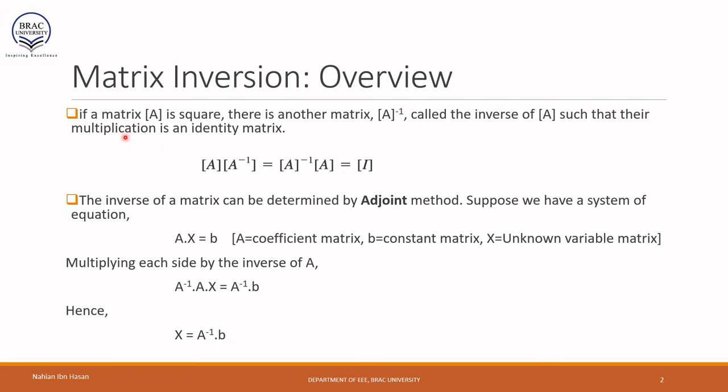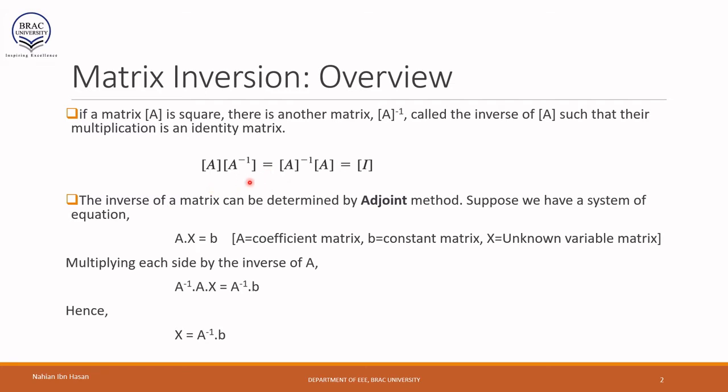Now let's dive into some of the properties of matrix inversion and the inverse of a matrix. If A is a matrix, then the inverse of this matrix is denoted as A inverse. If we multiply these two matrices, A multiplied by A inverse, this is a matrix multiplication, not the normal element-wise multiplication, so be aware of that.